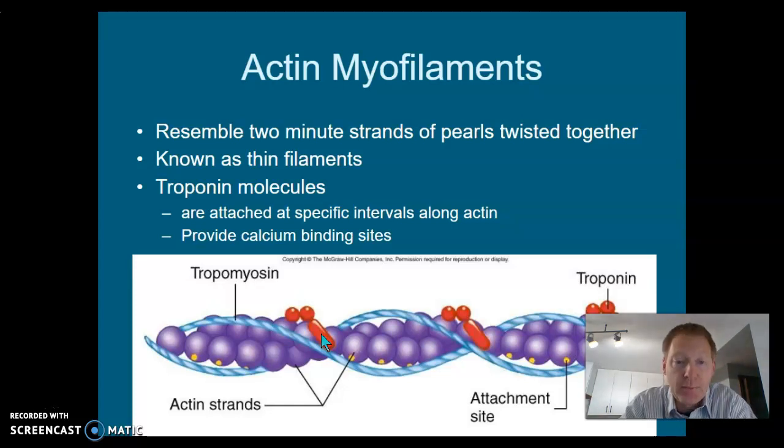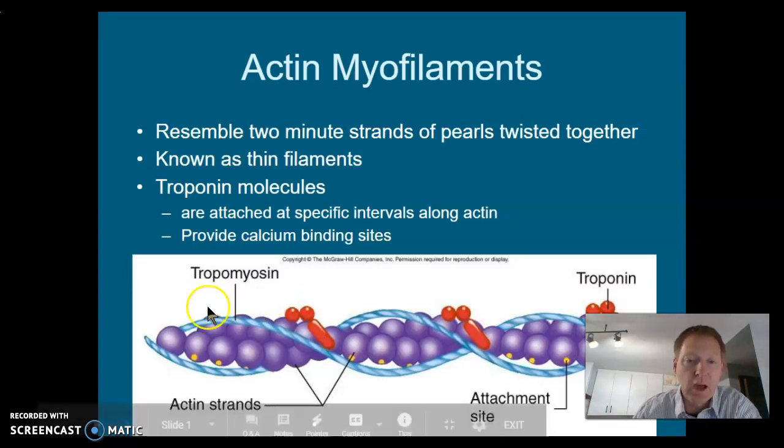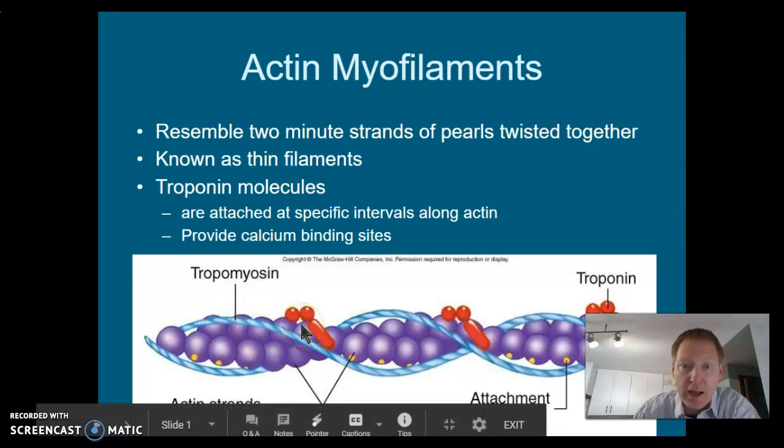So in order for the calcium to work, the calcium has to have a place on the muscle that will allow it to bind and create something that makes this go. It's a little complicated right now, but we'll get into it. But this molecule is where that calcium binds to.